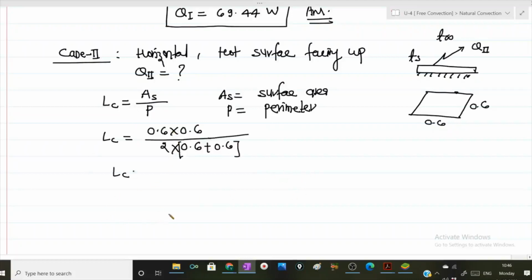So characteristic length will be 0.15 meter.